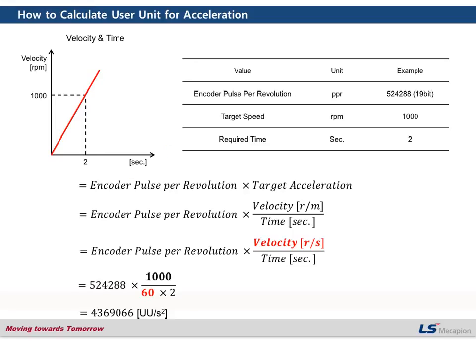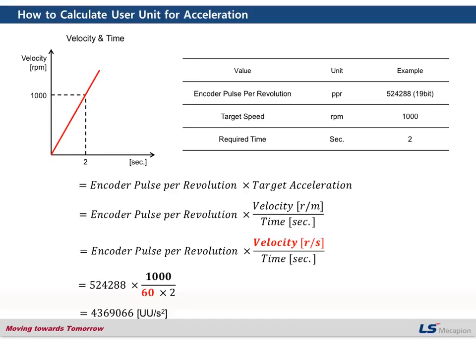The vertical axis means velocity, and the horizontal axis means time, in seconds, and the slope of this graph means the acceleration. So we can recognize the target speed and the required time.